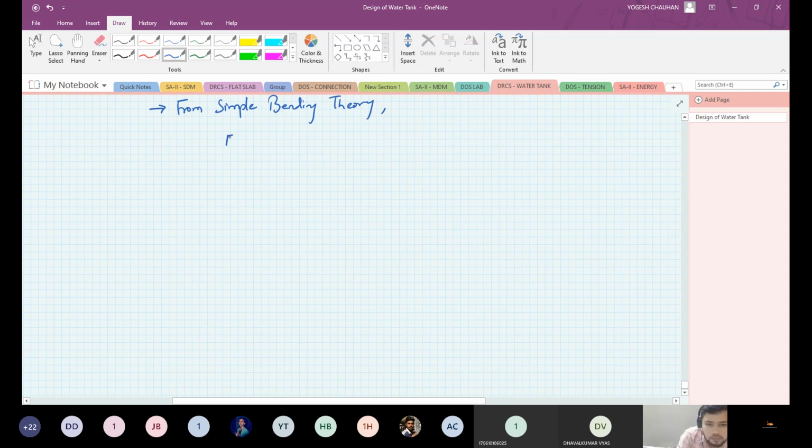We know that the bending moment is equal to EI d square y by dx square.